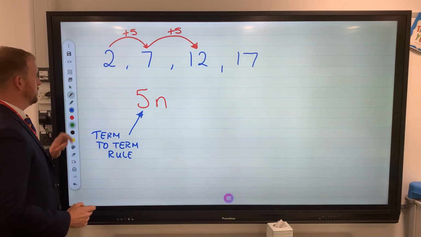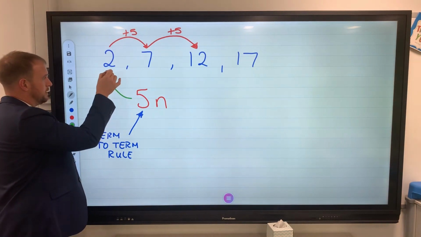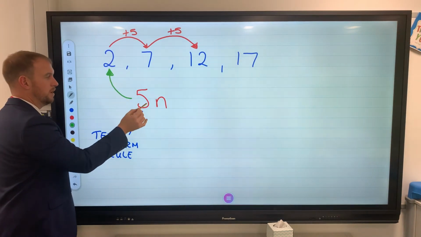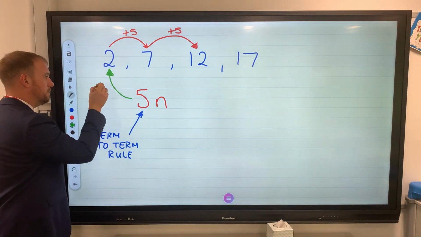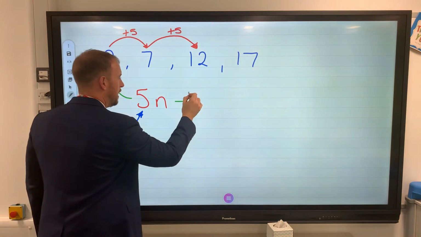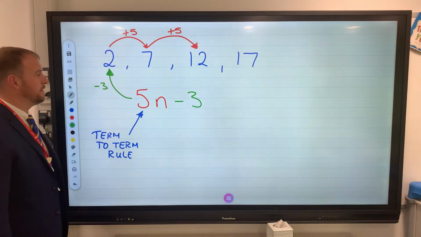And then the next part is the relationship to get from this term-to-term rule to our first term. To get from the 5 to the 2, we subtract 3. And that's what goes after our n.